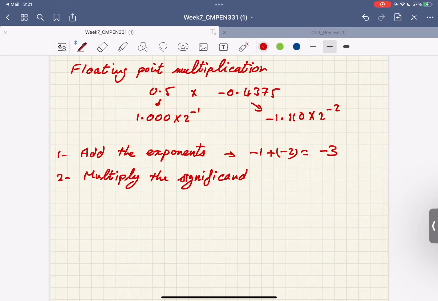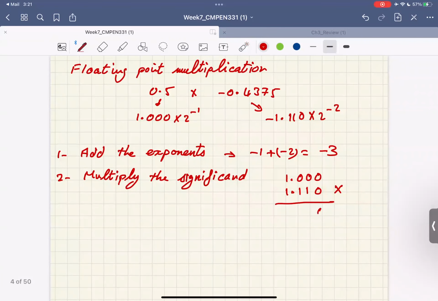Let's do this multiplication then. So it is 1.000 and then 1.110. Just do the multiplication. 0 multiplied by all of these will give you zeros, and then 1 multiplied by that will give you that, and then 1 multiplied by that will give you that, and so on and so forth.